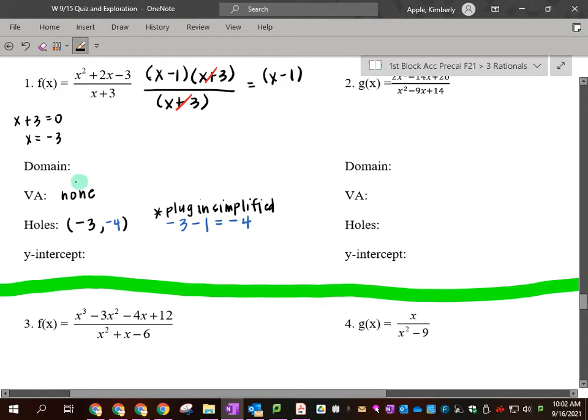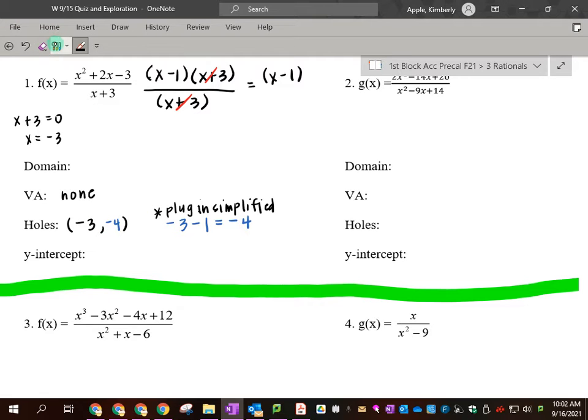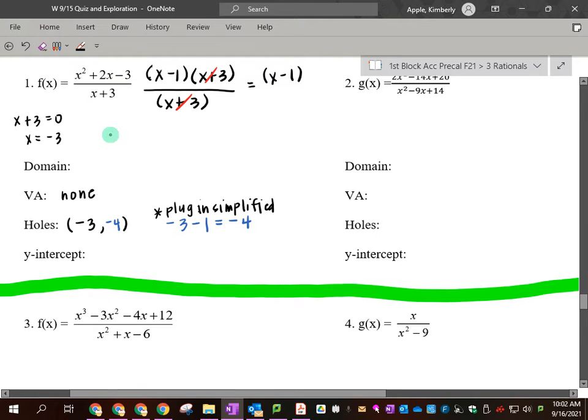All right, vertical asymptotes done, holes are done. Let's look at the y-intercept. And so remember, to calculate the y-intercept, plug in all zeros for x's. So that'd be 0 squared plus 2 times 0 minus 3, and then you'll have 0 plus 3.